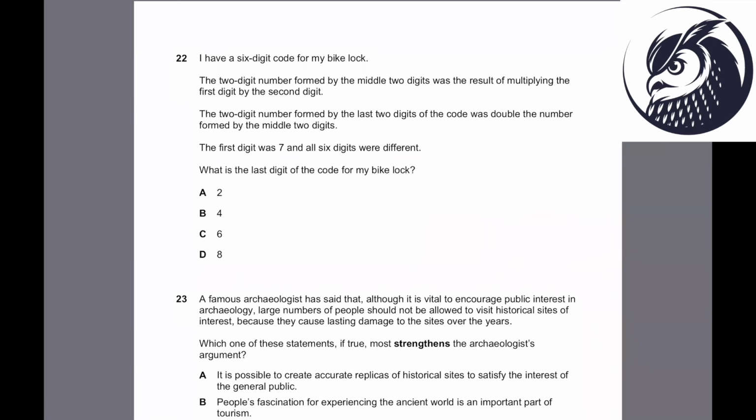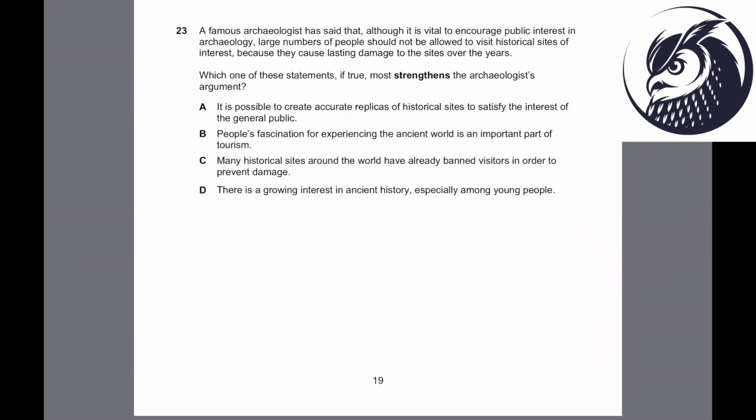Let's keep going. So now let's go to question 23. Now with question 23, let's have a read of it. Again, it's one of those assessing the impact of additional evidence questions, and we're looking for an answer option that strengthens it. So just remember that. So let's read through the question now.